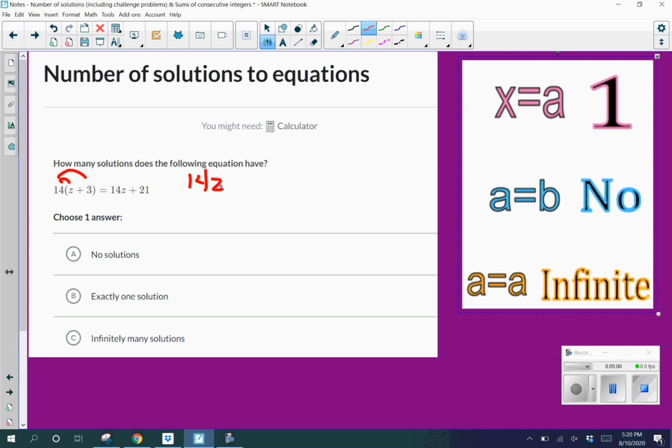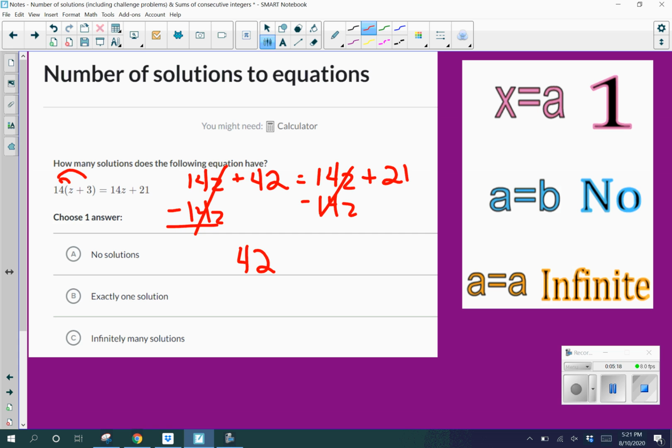And let's see, 14 times 3 is 42 equals 14z plus 21. I'm going to subtract 14z, which as you can see, it's going to end up subtracting here, leaving me with two different numbers on either side. Clearly 42 does not equal 21, so this would be a case of no solution, or answer choice A.